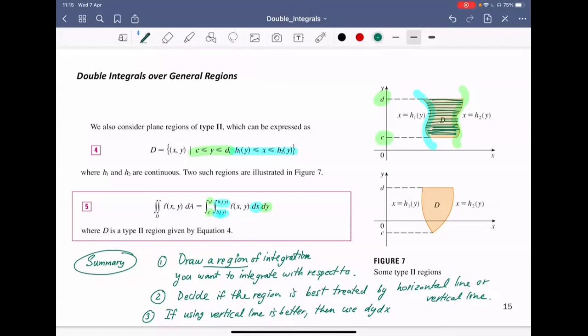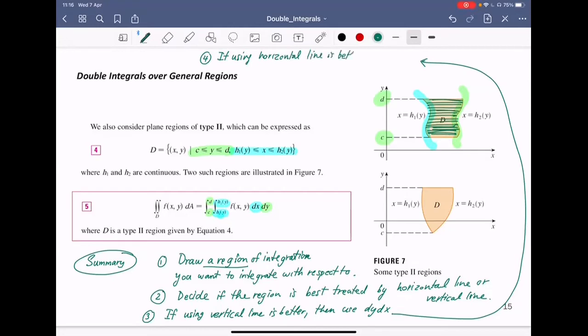But if the area is good by using the horizontal line, you use dx dy. Step 4: if using a horizontal line is better, then use dx dy.